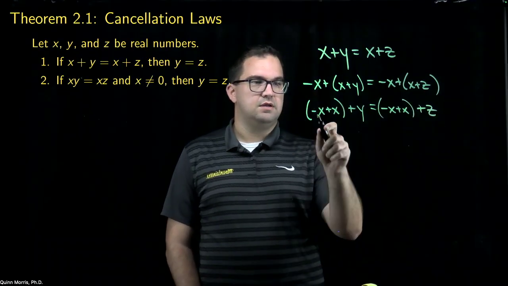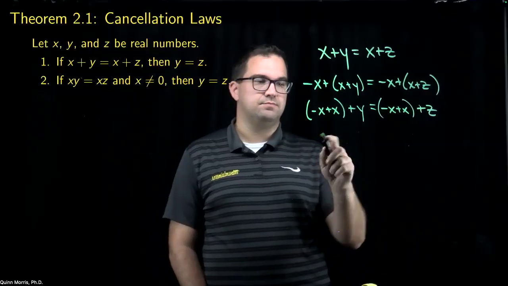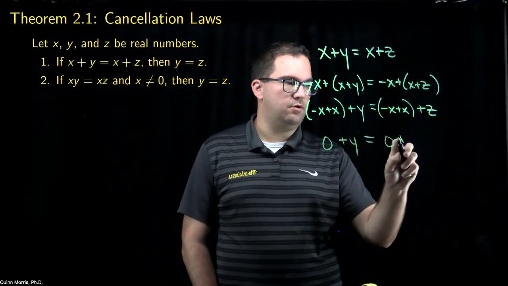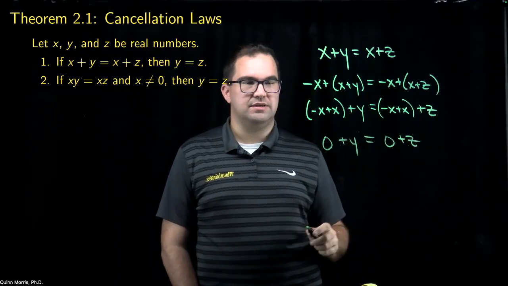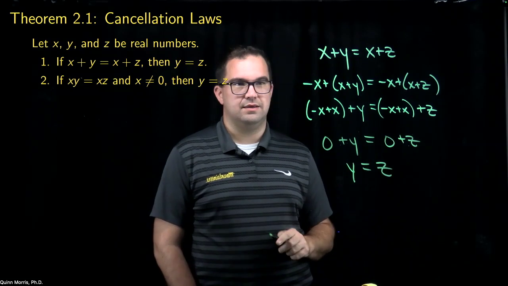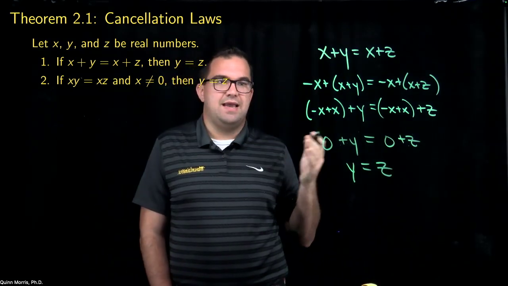Now, negative x by definition is the additive inverse of x. So that gives me 0 plus y is equal to 0 plus z. 0 is the additive identity. So I get y equals z.